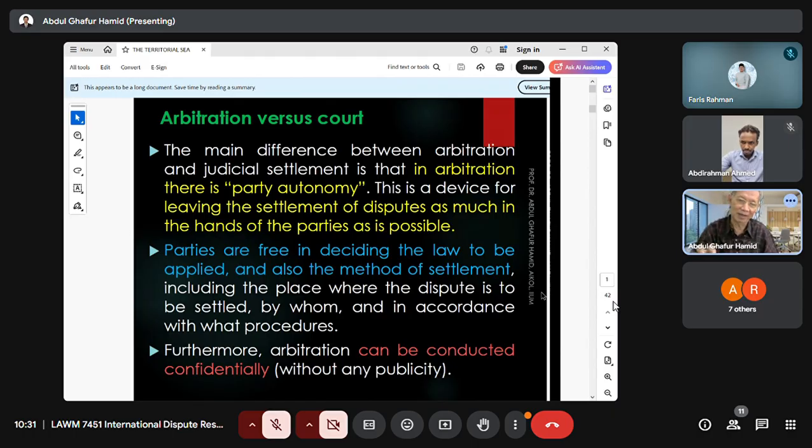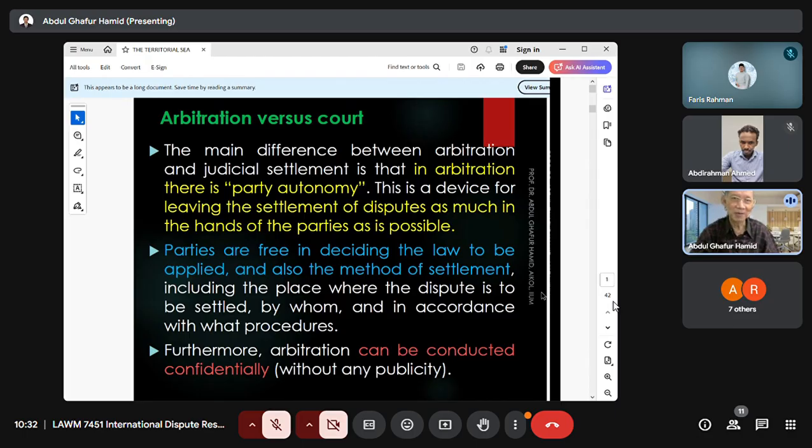But arbitration is not like that. Based on the subject matter of the dispute, the parties can choose. For example, if it is a maritime dispute, the parties may choose arbitrators who are maritime law experts.